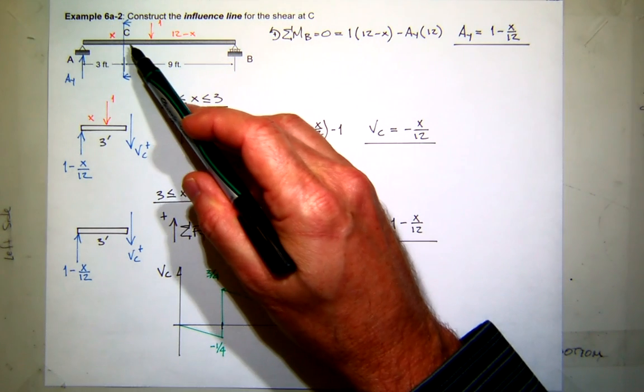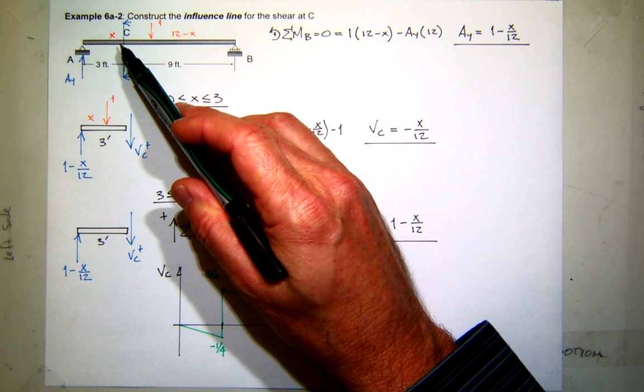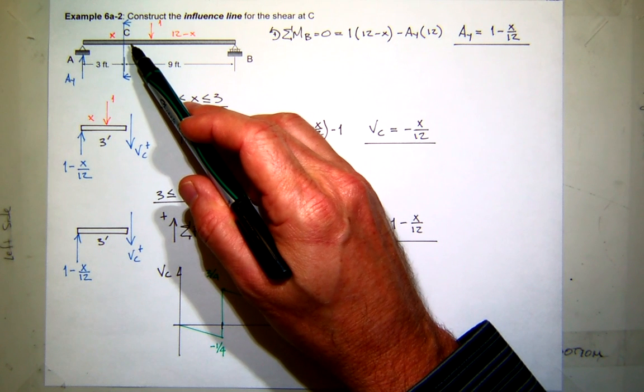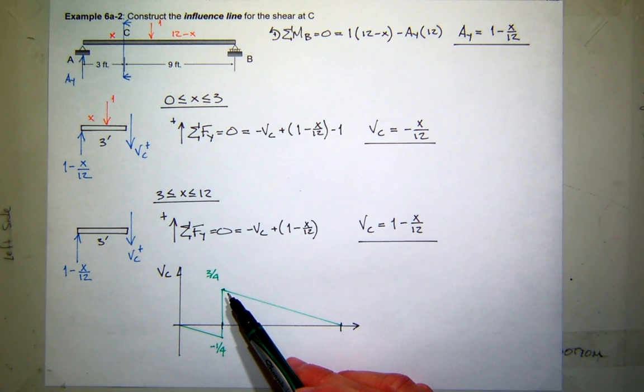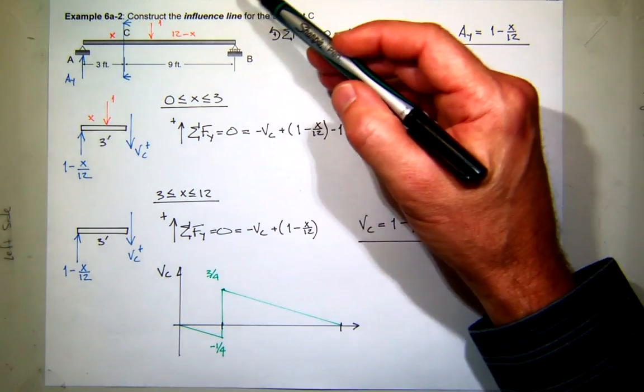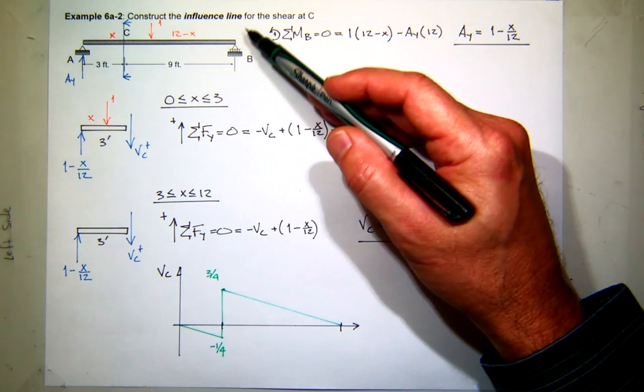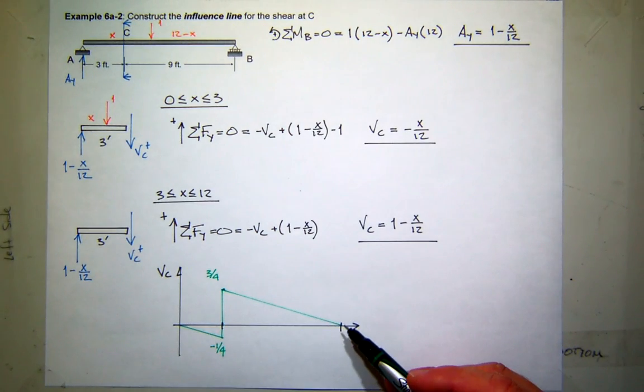Then I step a fraction just to the right of C, and what does the shear jump up to be? 150 pounds, 3/4 of my weight. And it changes direction. Then it decreases linearly so that when I walk all the way down here and stop at B, what's the shear at C? 0.